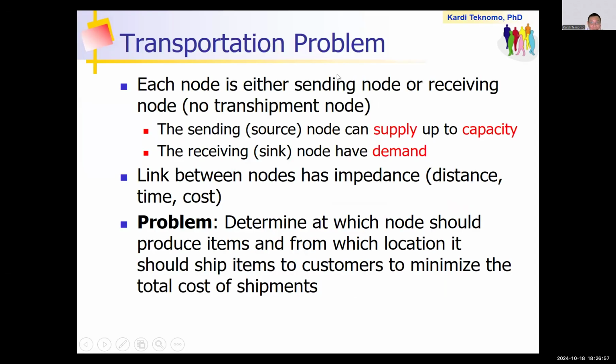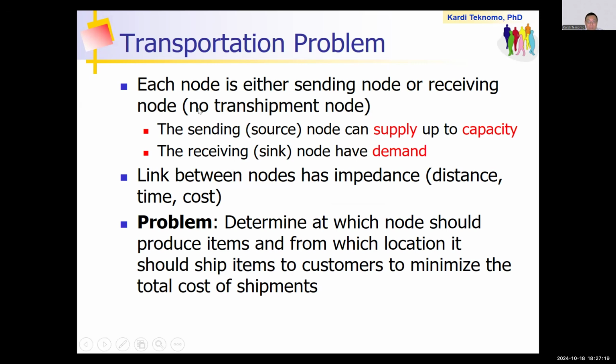So in this case, you have nodes and links, but this is a simplified version of the whole network. You only have demand and supply, which is basically the source node and the sink node.